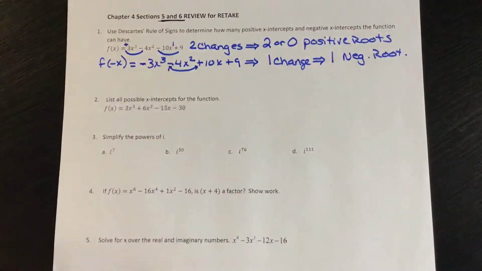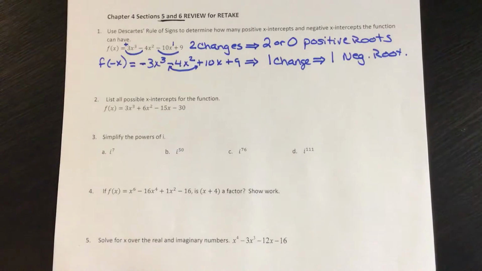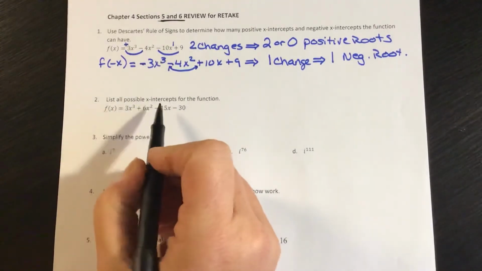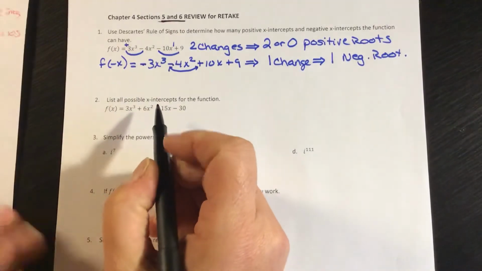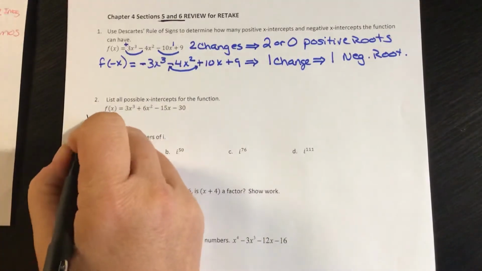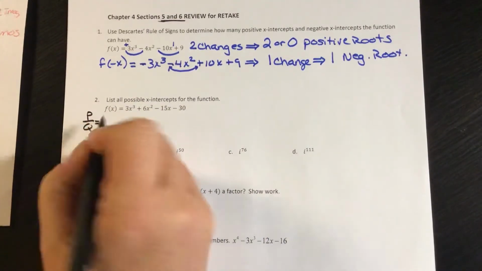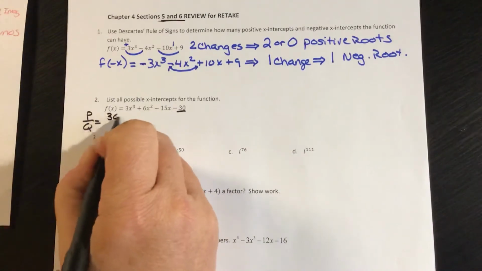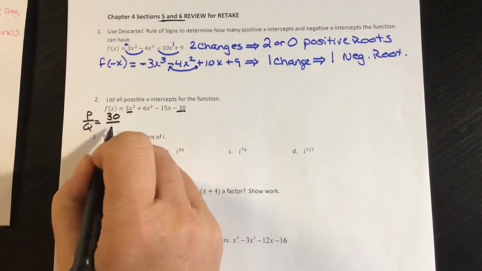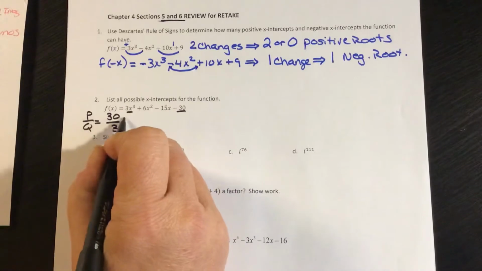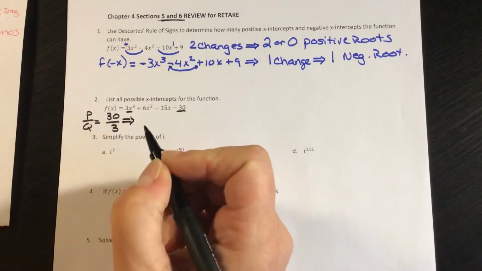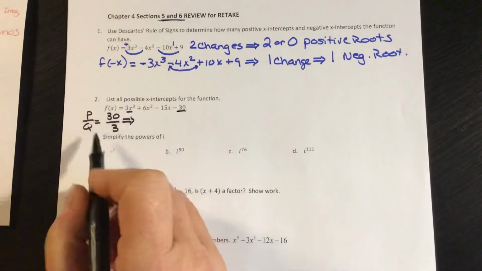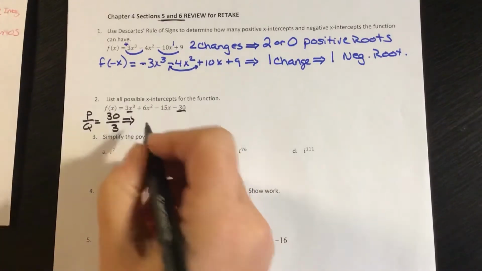Number 2 asks us to list all of the possible x-intercepts. This is where I'm looking at p and q's. So p over q, my p is the last factor, which is 30, and my q is the first one, which is 3. And I'm looking for all of the factors that go into 30 and 3.